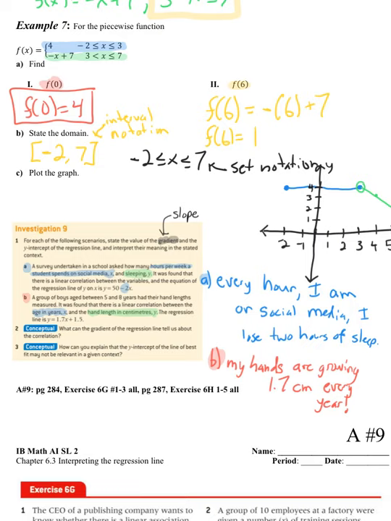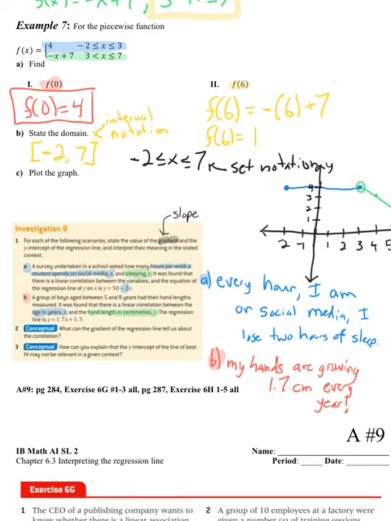So what can the gradient of the regression line tell us about the correlation? It can tell us pretty much the ratio of X to Y. On part A, we're saying every hour I spend on social media is impacting my sleep by 2 hours.